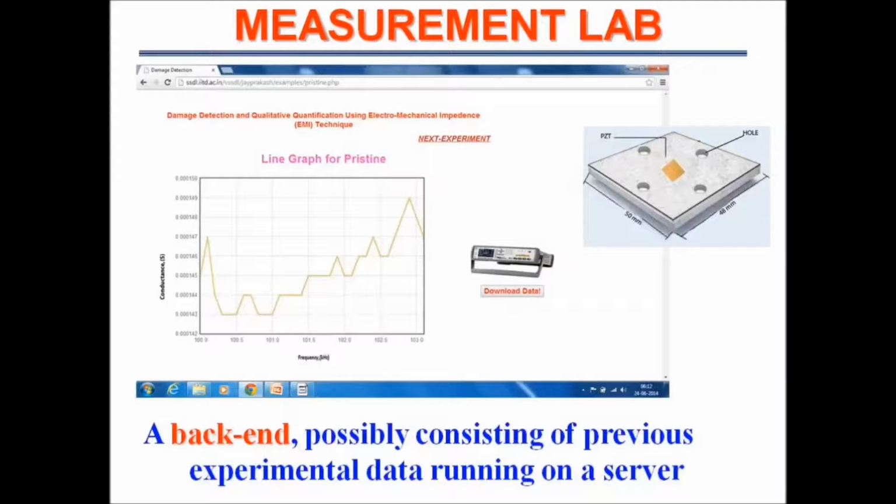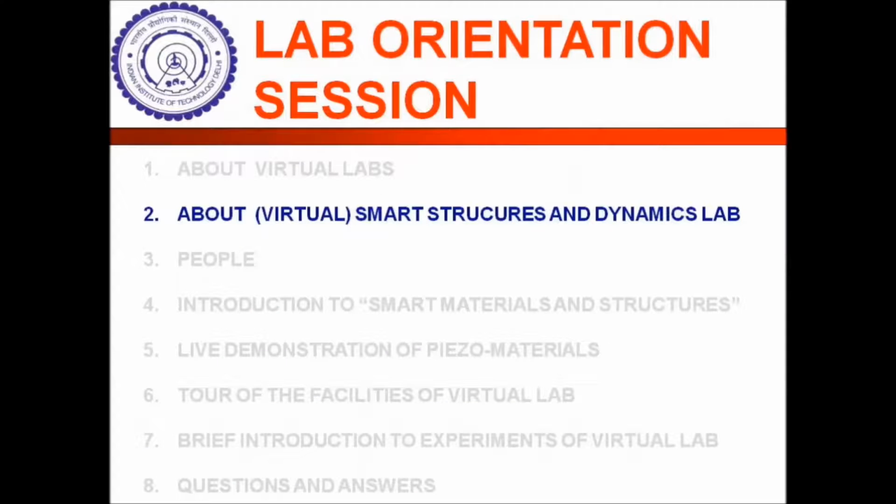Finally, we have measurement type labs or measurement type experiments. So here there is a backend, and this consists of some previous experimental data which runs on the server. But we have provided the graphical user interface in such a manner that the user gets the feeling that the experiments are happening in front of him.